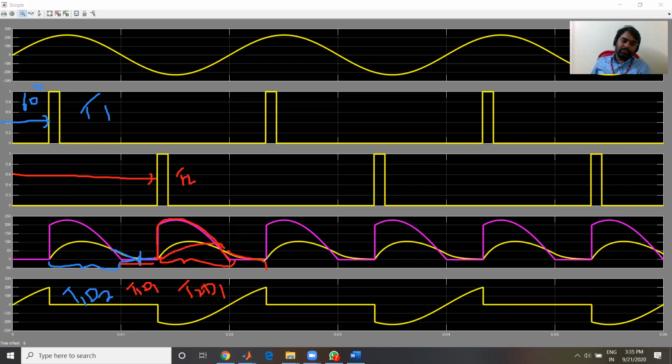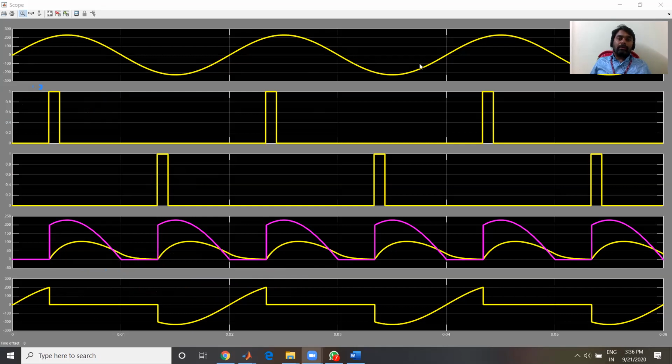Here it is completely discharging. So you can say during this interval, the output voltage is zero, because during this interval, T2 and D2 are in conduction state. So the load is short circuited by these two devices. So you'll get zero voltage. Like this, you can avoid the negative portion for this RL load, which is not possible in the case of a fully controlled converter.